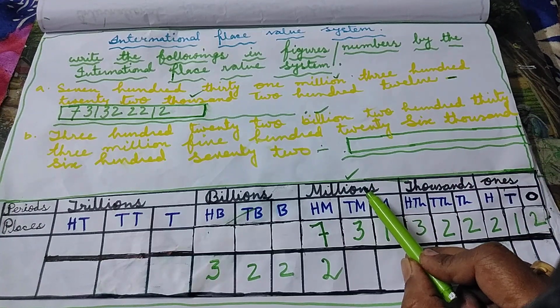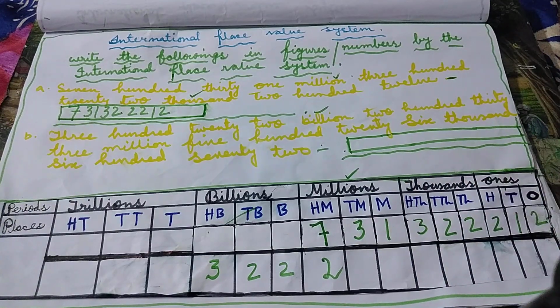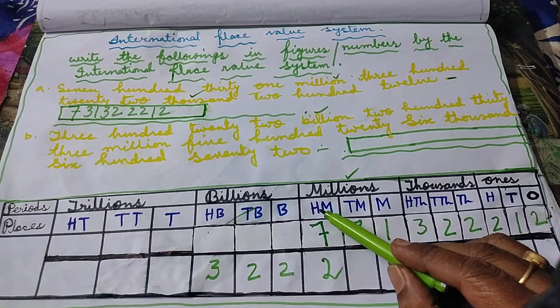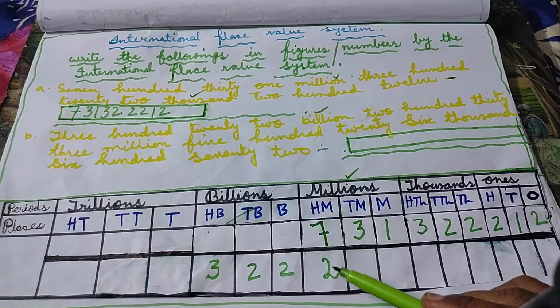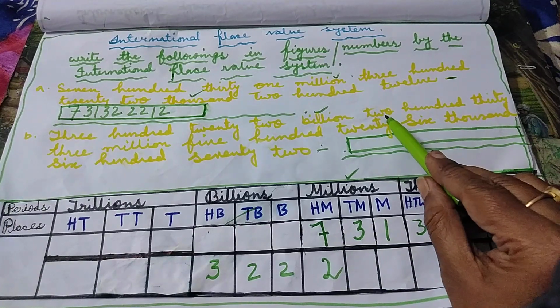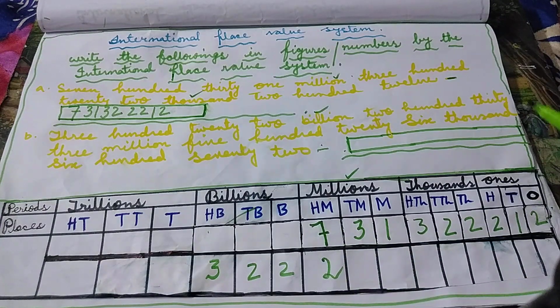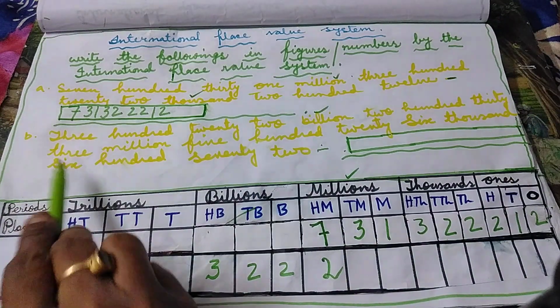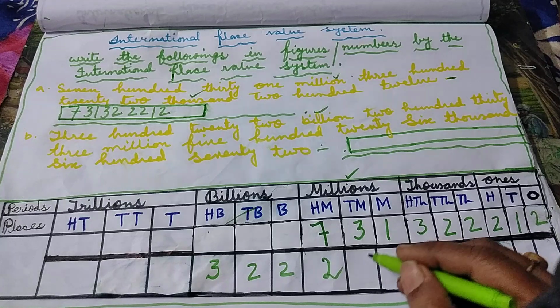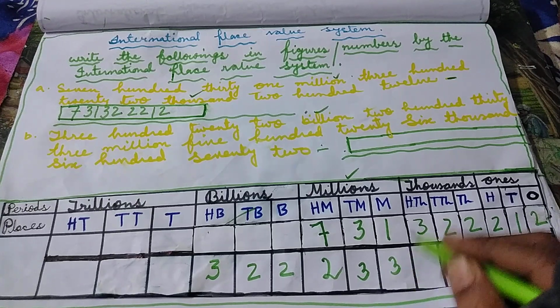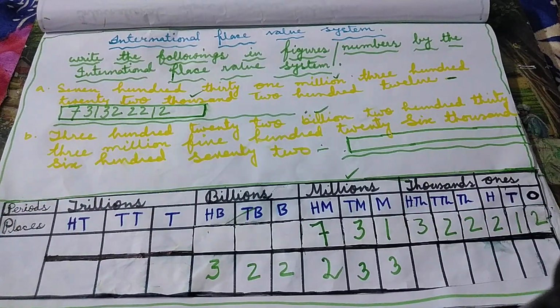In the millions group or millions period, how will we write 233? In the hundreds place, we will write 2 as it is 200. So in the hundreds place, we will write 2. Then 33. Tens and ones together make 33. Complete.